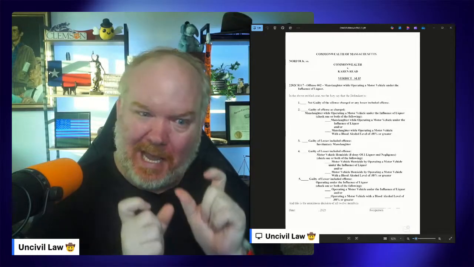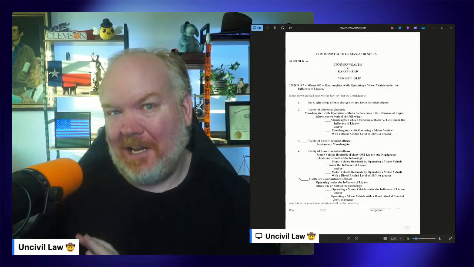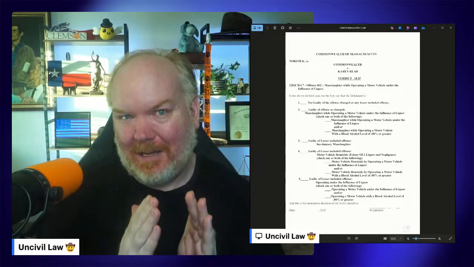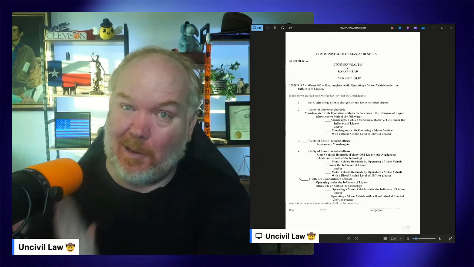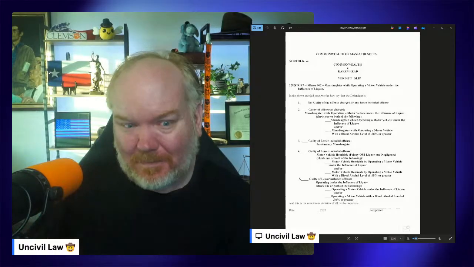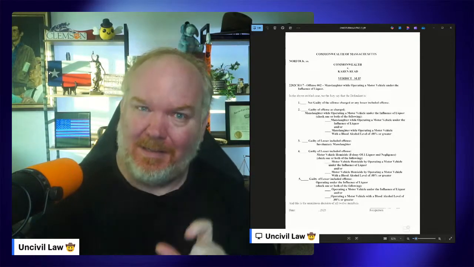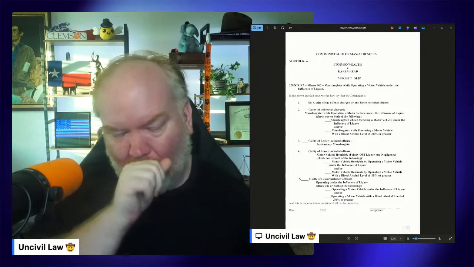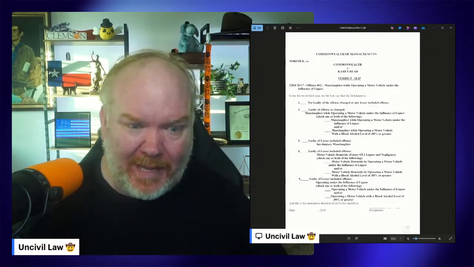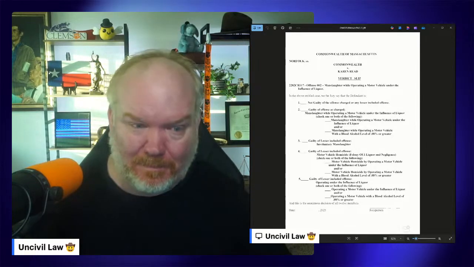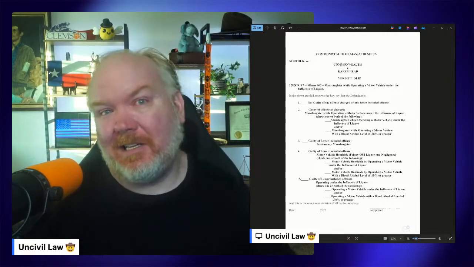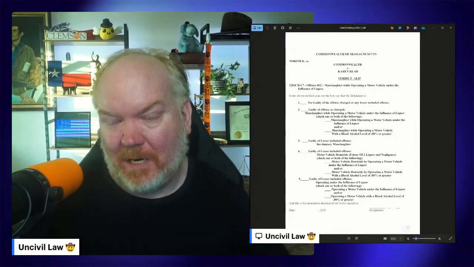Again, A and B, C and D, totally distinct. No one is confused. A and B, B and C, also legally distinct. They both share B, but the first one doesn't have C. The second one doesn't have A. Therefore, they are legally distinct. If that is not true, they are not considered legally distinct for double jeopardy purposes.